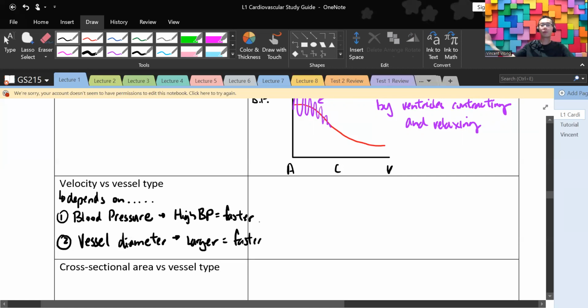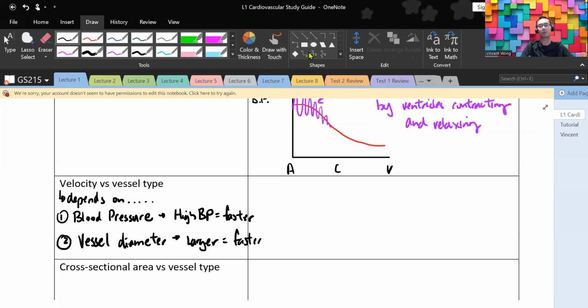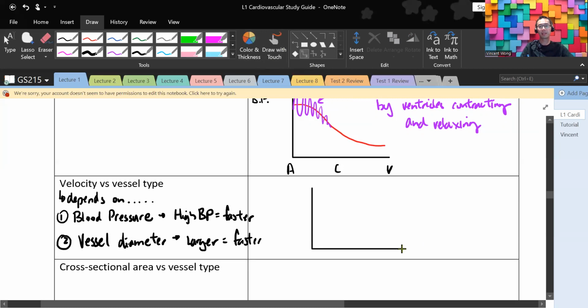Think of a highway with multiple lanes. Traffic is going to go faster than if you only had a single lane. So artery, capillaries, veins. This is the velocity, the speed. It tends to be really fast, then slows down, and then it goes back up again.